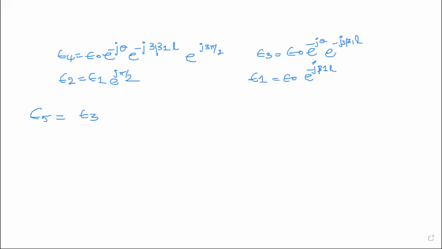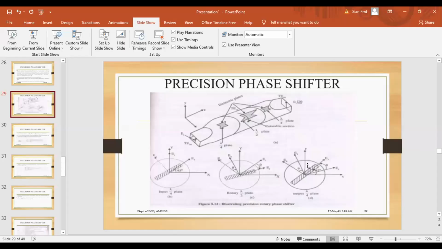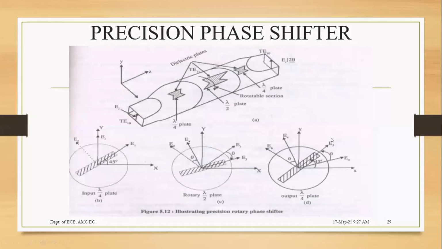If you go to the precision phase shifter, you can see here the E5 and E6 figure. The E5 term belongs to the E3 term, with anti-clockwise rotation. Similarly, the E6 term is with respect to the E4 term. So you'll be writing this similarly like your first and second terms.